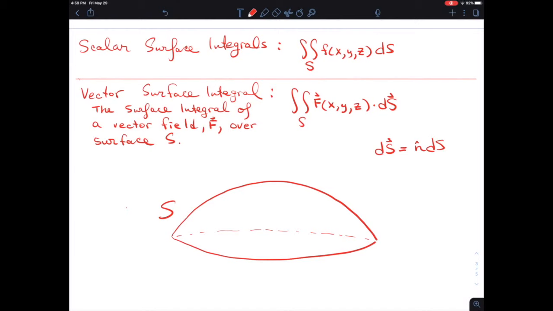Okay, so unit normal. And then this is the surface area differential. Okay. So if we want to plop one of those on here, it's going to kind of go like that. So that would be ds.